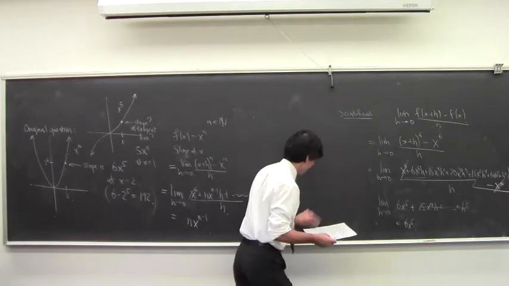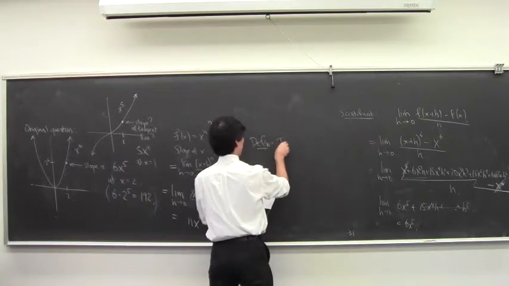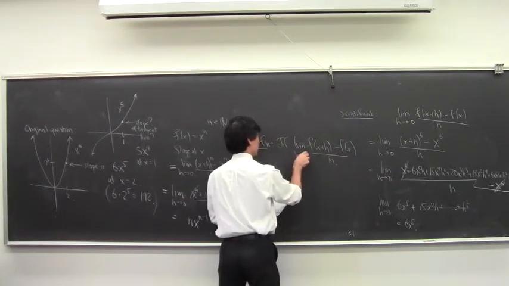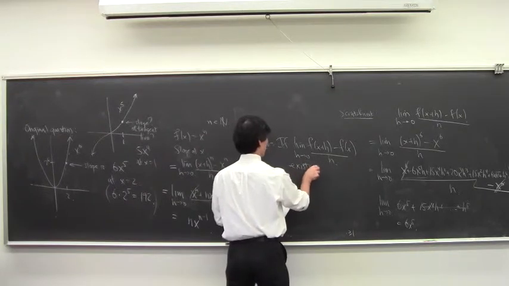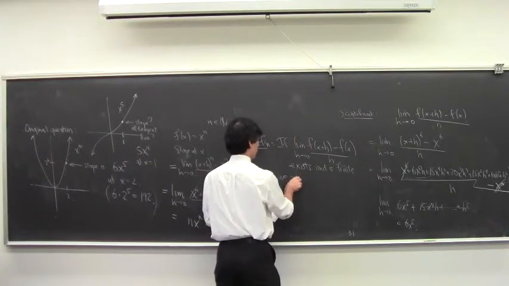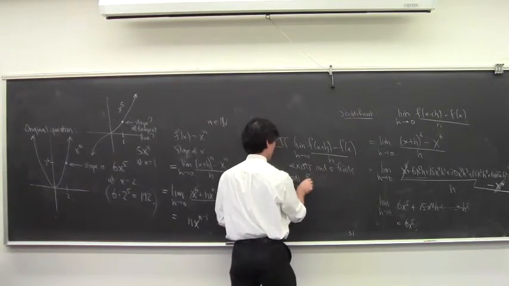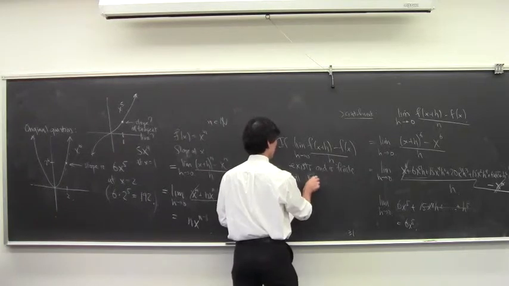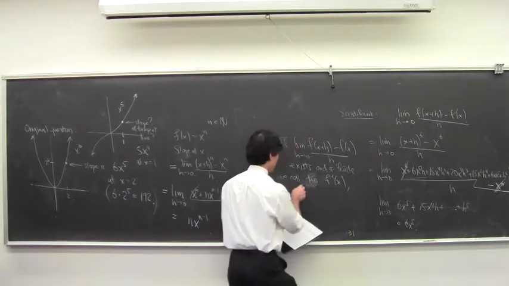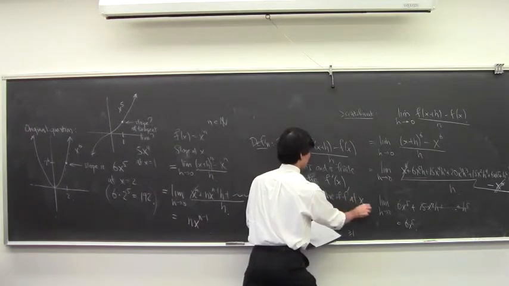Okay, at this point I really want to define the word derivative. Definition: if the limit of f of x plus h minus f of x over h as h approaches 0 exists and is finite, we call this f prime x, the derivative of f at x.